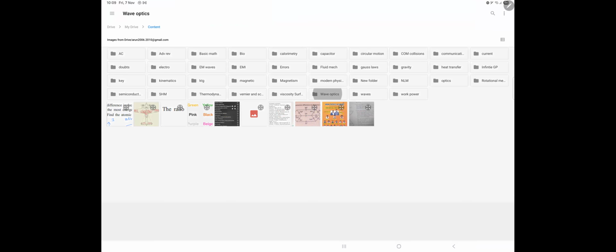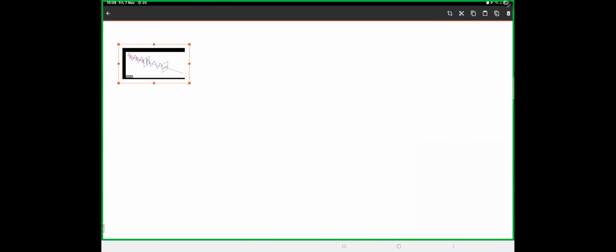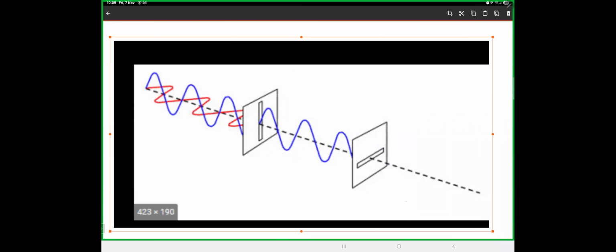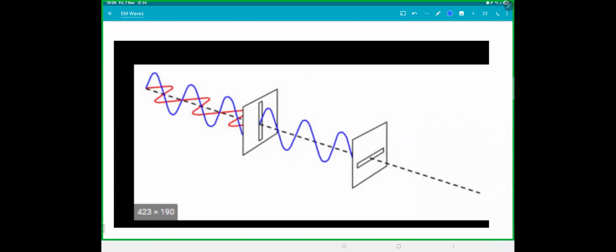So, the wave thing here. Look at this picture. This is a better one. Same thing what I showed you. Here, I'm sending red and blue at the same time. You can clearly see red gets blocked because the slit will only let up and down through. Blue will pass through, and if the slit is turned, blue will get blocked.